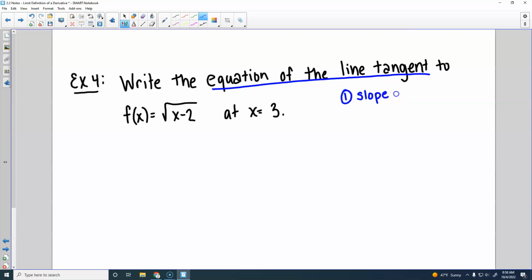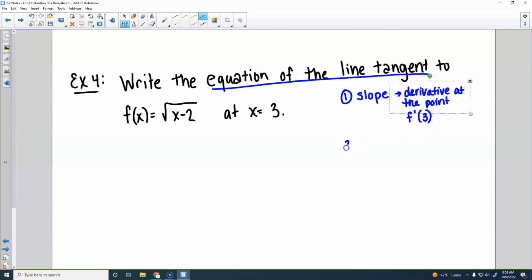Derivative at the point. So we need the derivative at the point. That would be f prime of 3 is how we would label it. For this particular problem, it would be 3.